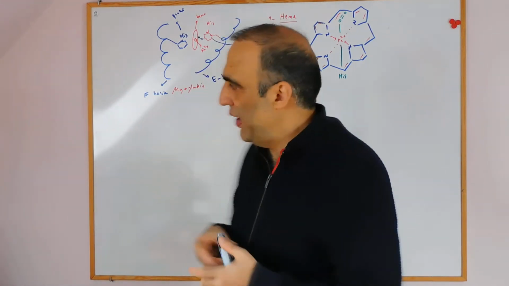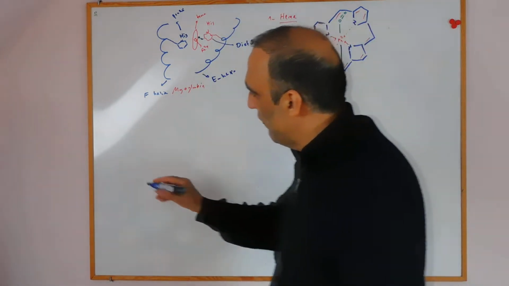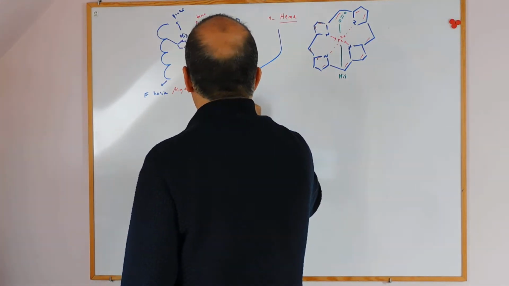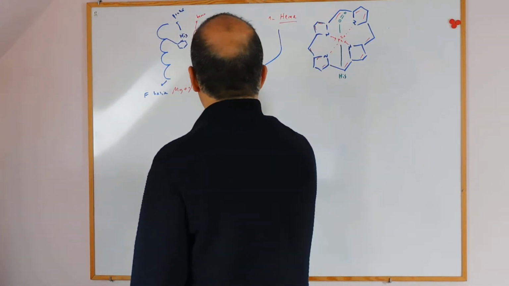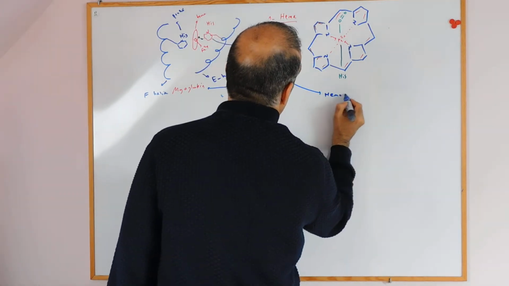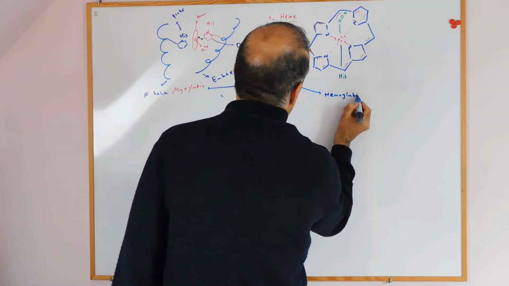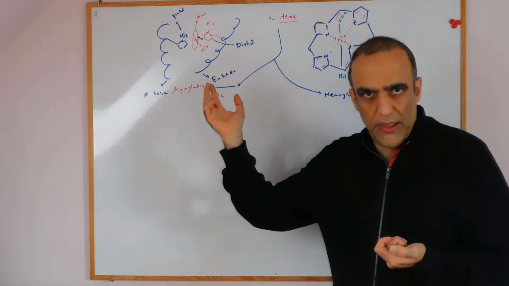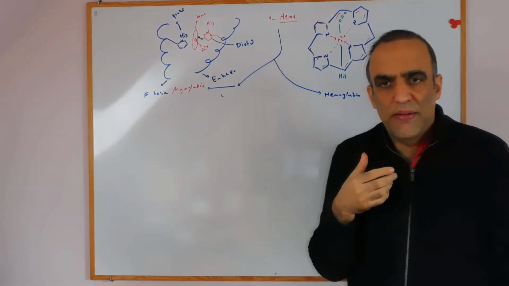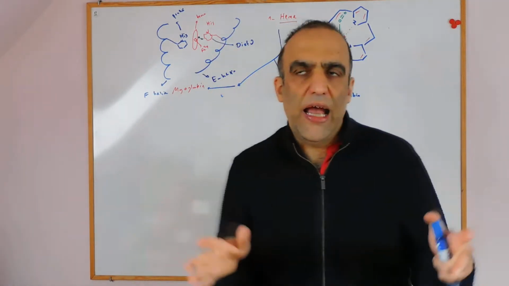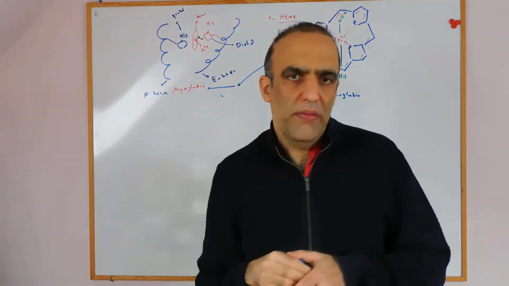Okay, so we can classify these in 2 groups. The first is the myoglobin, and the second group is the hemoglobin. Okay, myoglobin is mainly in the muscle, and it can store the oxygen when there is less activity, okay?